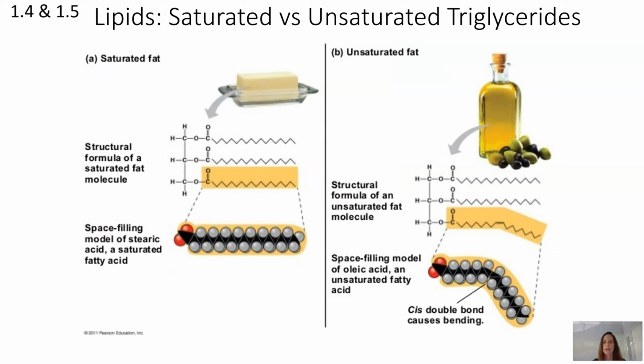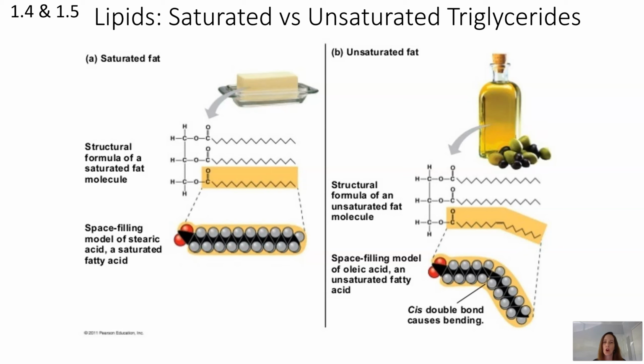All right, so here we see a couple examples of triglycerides. And remember, that's 3 fatty acids with a glycerol backbone connecting them. What do you notice as a difference between these two, saturated versus unsaturated? What do those terms mean? So what saturated means is that it can hold, or it's holding as many hydrogens as it can.